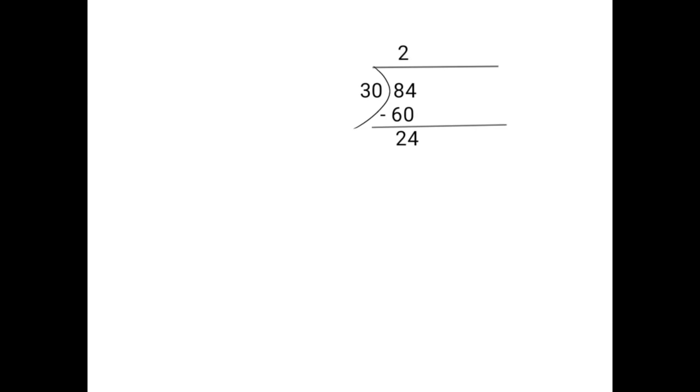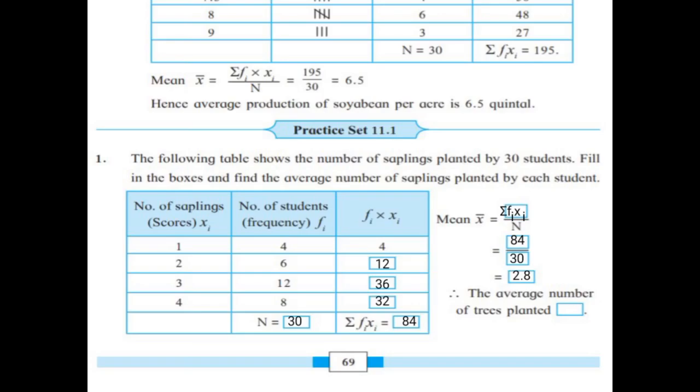You have to take a decimal point and 0. The decimal point you have to put in the quotient place. 0 you have to bring down. 3 8s are 24, so 240. 240 minus 240, answer is 0. After dividing 84 by 30, the quotient is 2.8. Therefore, the average number of trees planted is 2.8.